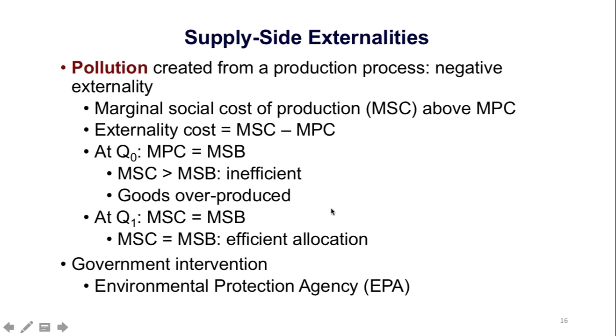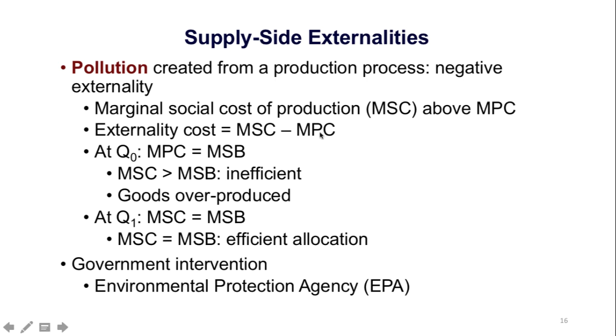Now, the supply side externalities could be negative externalities such as pollution, which is created from a production process. It's a negative externality. So the marginal social cost of production here is above the marginal private cost. The producers don't care about the social cost of pollution. So the externality cost is the marginal social cost minus the marginal private cost.